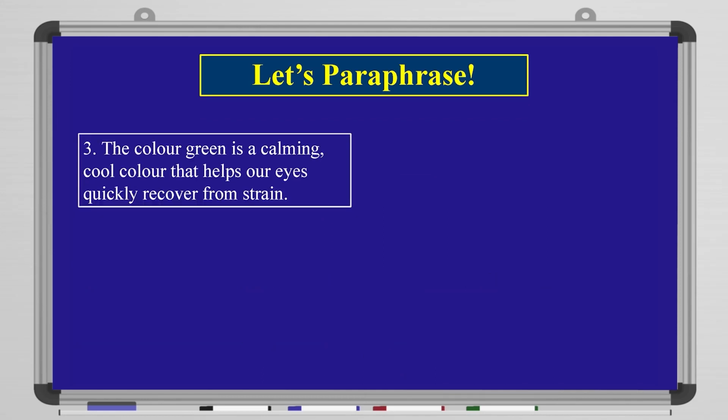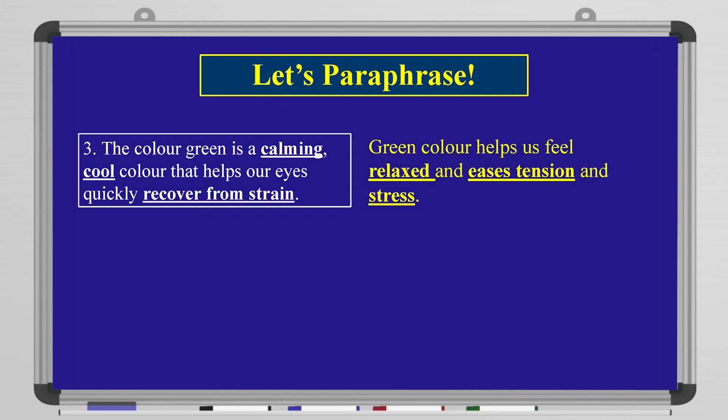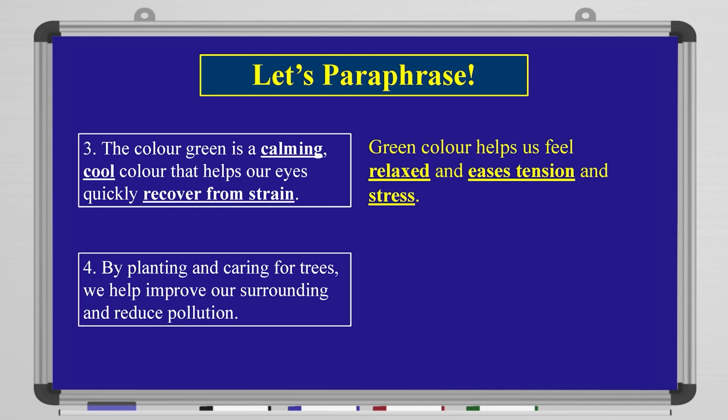Answer 3, the color green is a calming, cool color that helps our eyes quickly recover from strain. We have the word calming, cool, and recover from strain. Let's change them. Green color helps us feel relaxed, a different word for calming, but the same meaning, and eases tension and stress. See what we did? We also did another vocabulary change. For the last answer, by planting and caring for trees, we help improve our surrounding and reduce pollution.